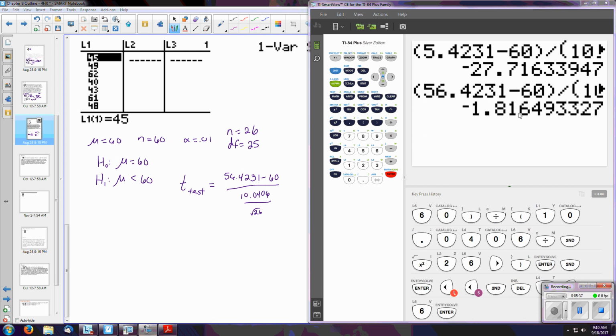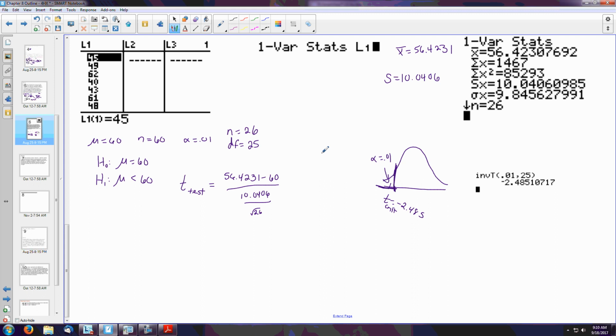And try that again without typos. So you can see here that when we plug in, for our z-score, we get our t-score, we get a negative 1.816.